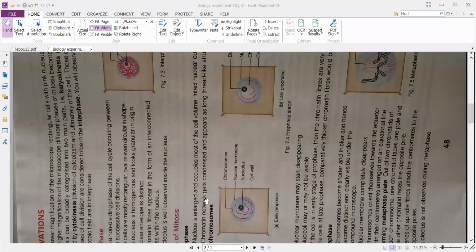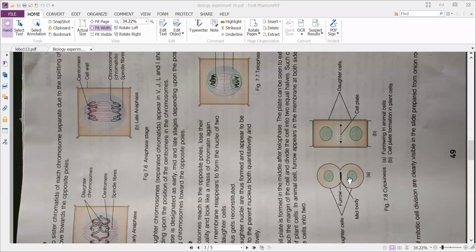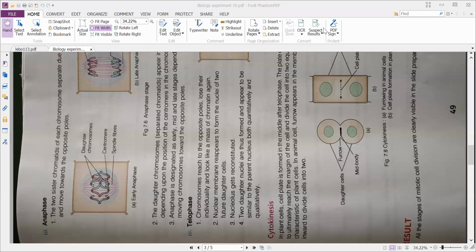Next, prophase diagrams you have to draw. Next, metaphase diagrams. And next, anaphase, telophase, cytokinesis. Whatever you are writing, the diagram concerned with that observation should be on the left side, and here the observation has to be written.